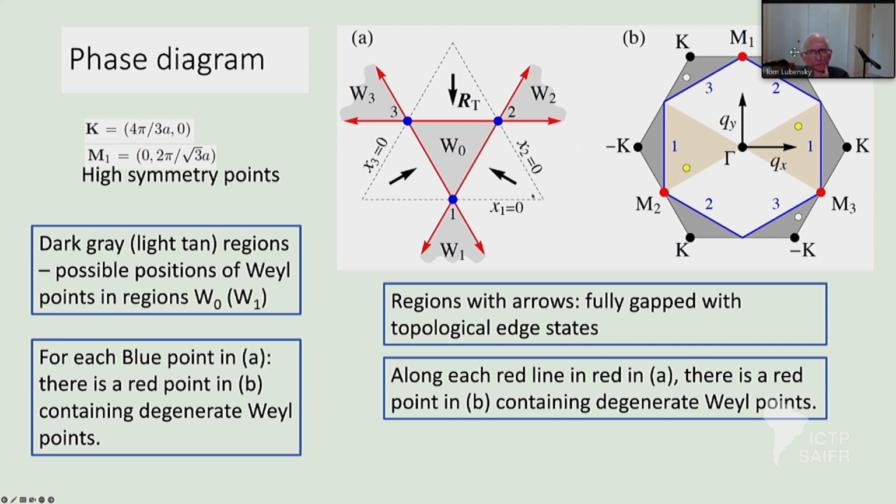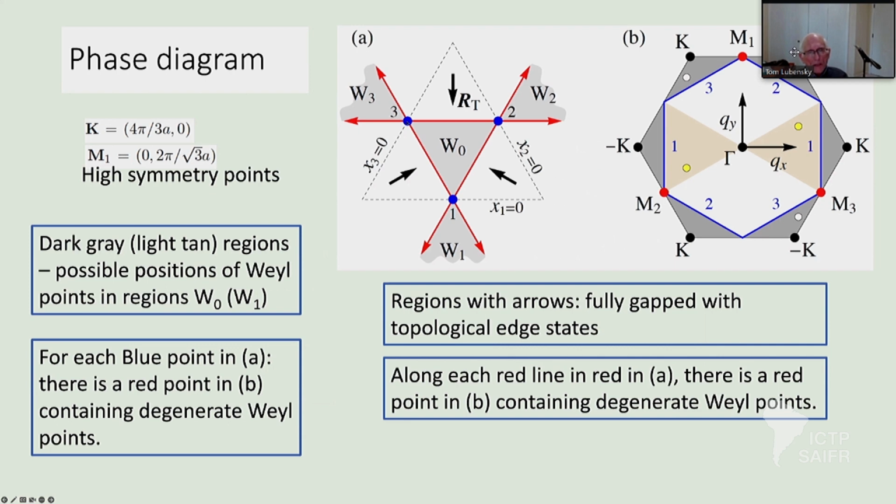Okay, so we have what happens to the dark and the brown areas. For each blue point in A, so this is A, there is a red point in B containing a pair of degenerate Weyl points.